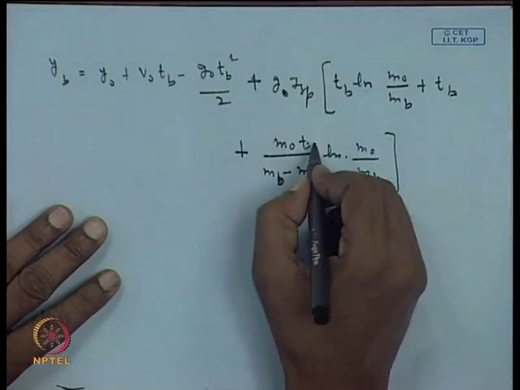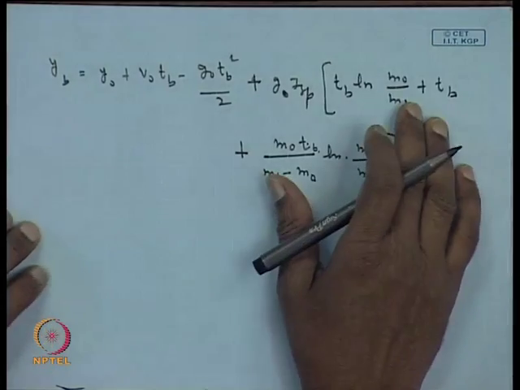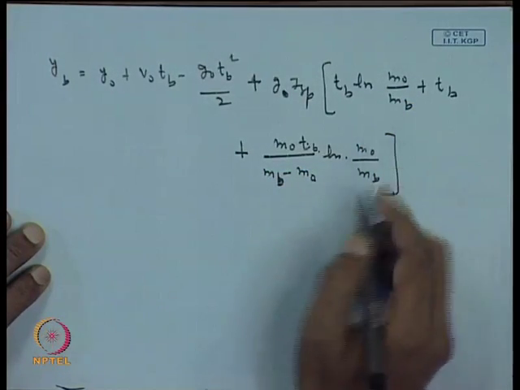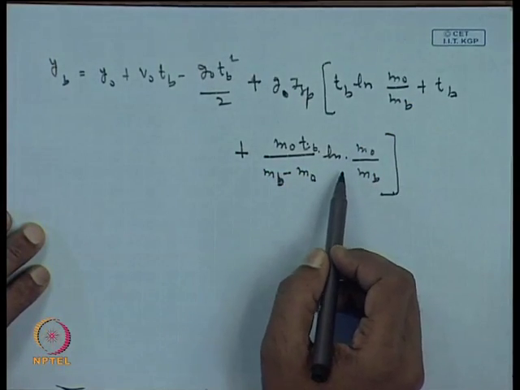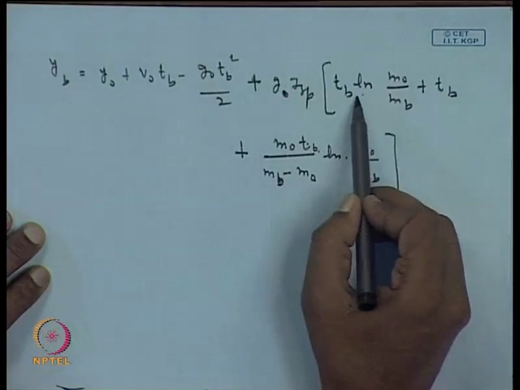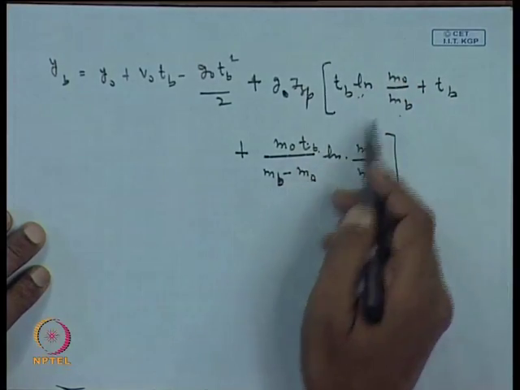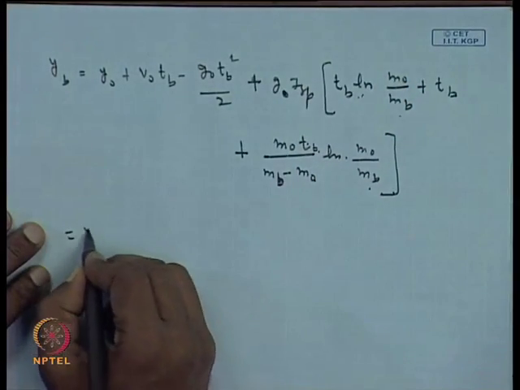Now, once we have got it in this format, some more simplification is possible. We can see that the term here is ln m_0 by m_b and here the term is also ln m_0 by m_b. So, we can take this common and add the remaining terms and let us look at what the expression results in.